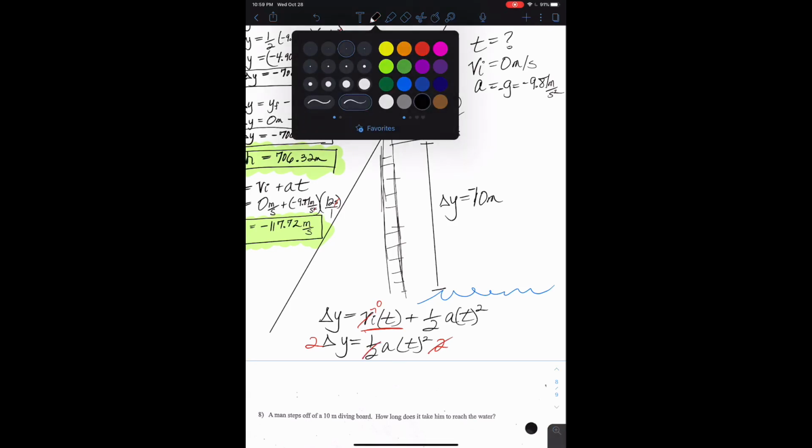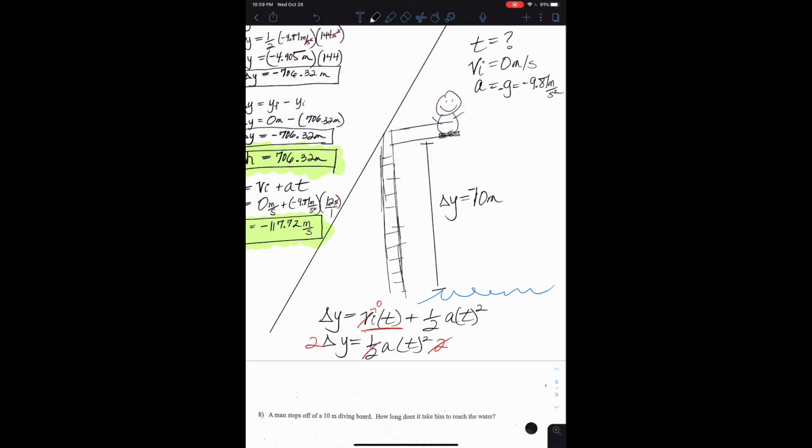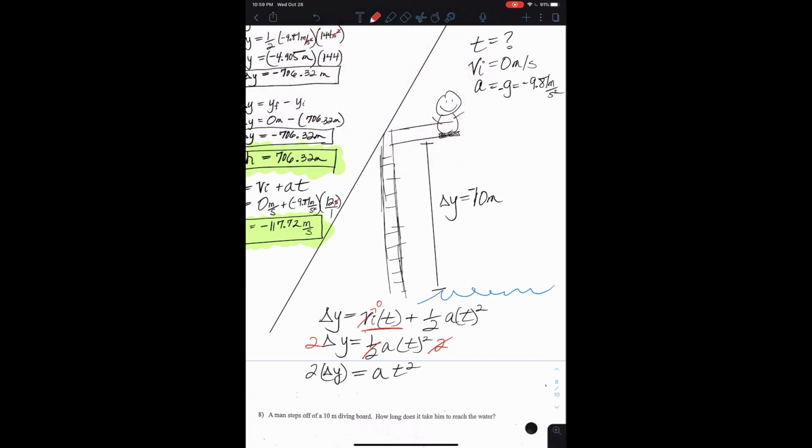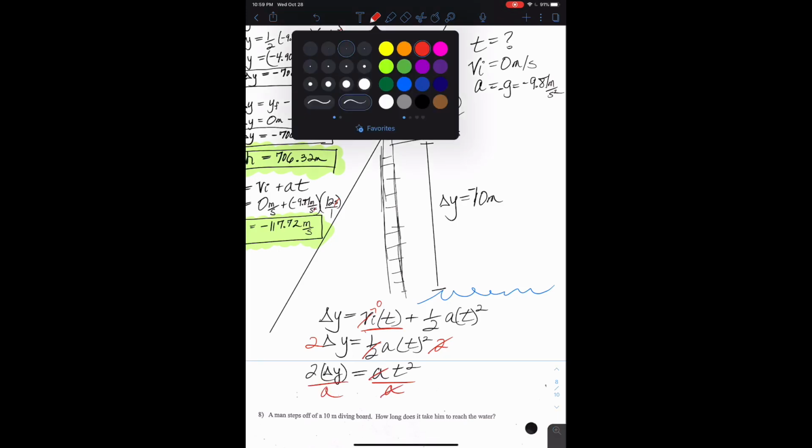So we kicked that half out of there and got a 2 now on the other side. Square the t. Divide both sides by a. But we do know something about a. It's equal to g, right? So I'm going to go ahead and replace that here in a second.